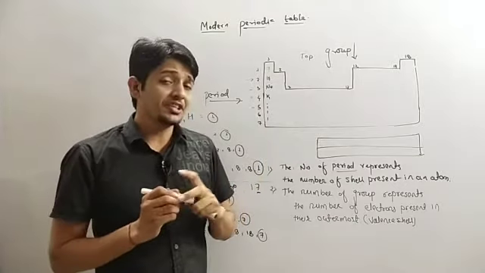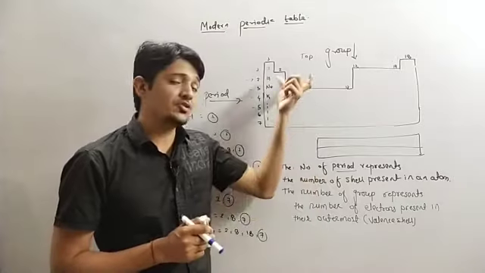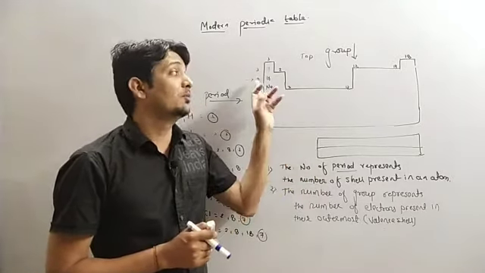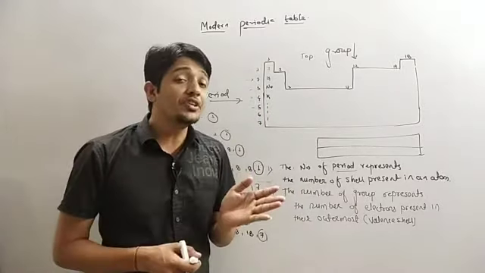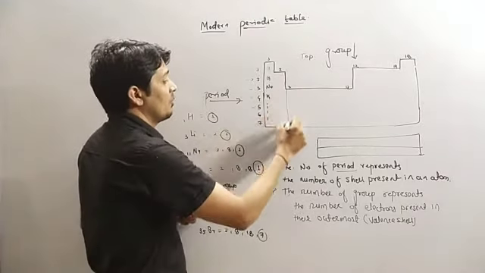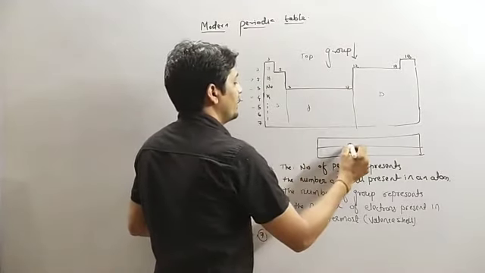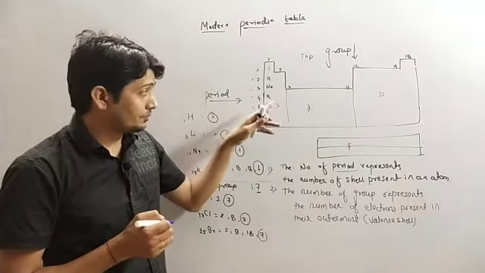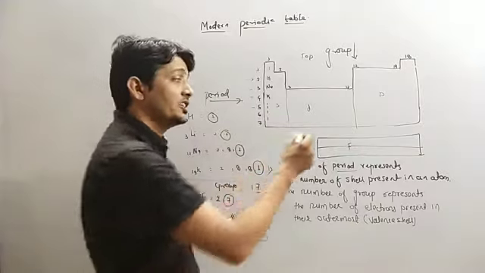Yesterday we already studied the features of groups as well as periods. Now we have understood what the number of group and period represents. Now we will look at more features of the modern periodic table. Yesterday we saw the S block, P block, D block and F block elements, and why they are called SPDF elements.